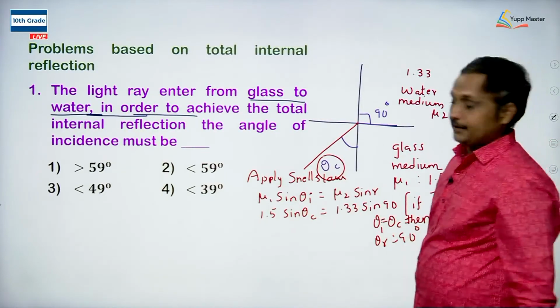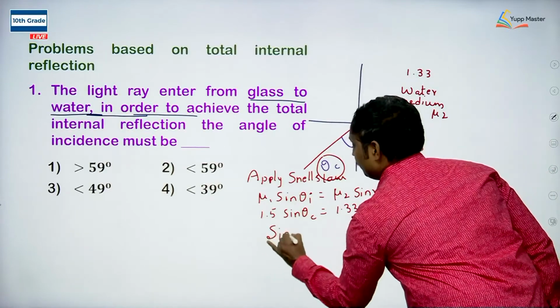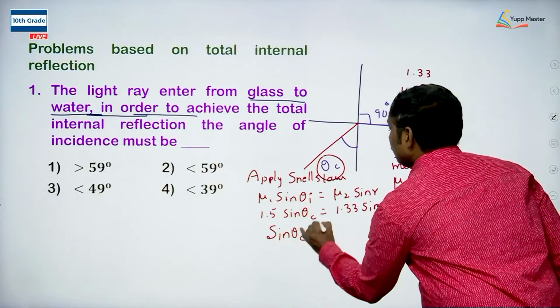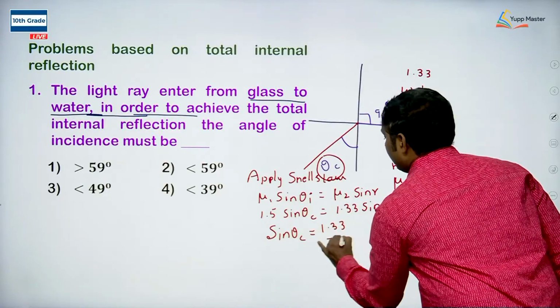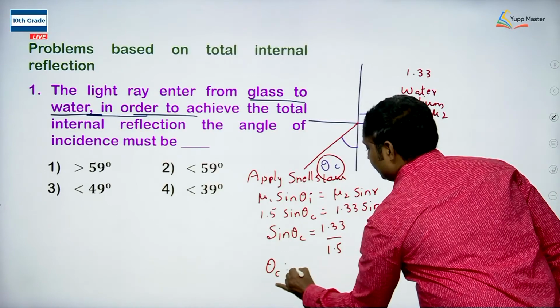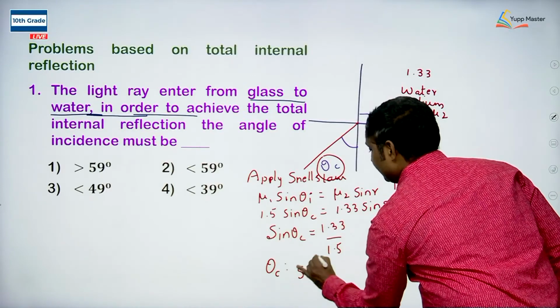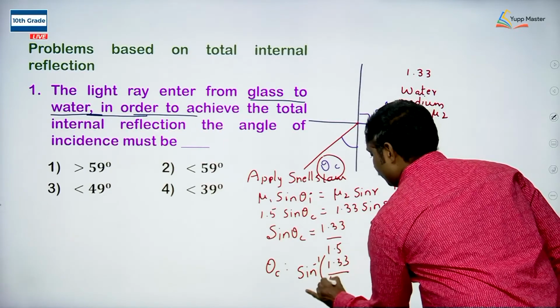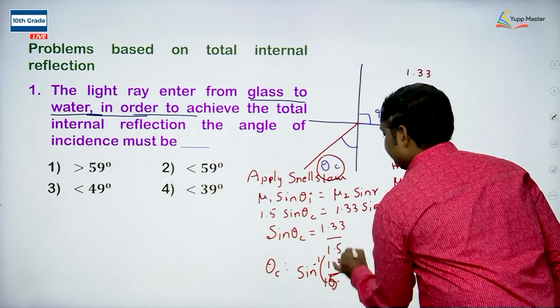That is very clear. Now from this you will calculate sin theta c is equal to 1.33 by 1.5. Now you will get theta c is equal to sin inverse of 1.33 by 1.5.